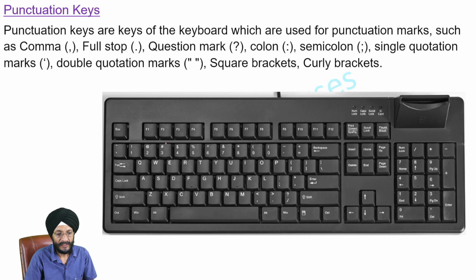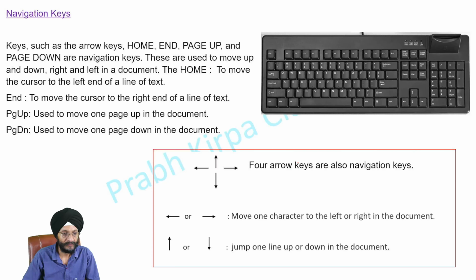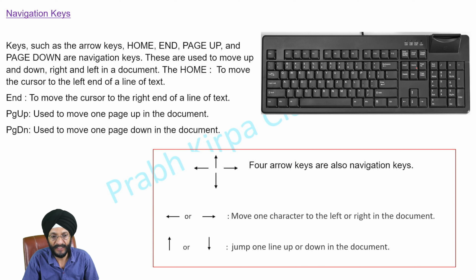Now there are other keys which are known as punctuation keys. These are used for punctuation marks. These are the punctuation keys. Then there is another set of keys which are known as navigation keys.